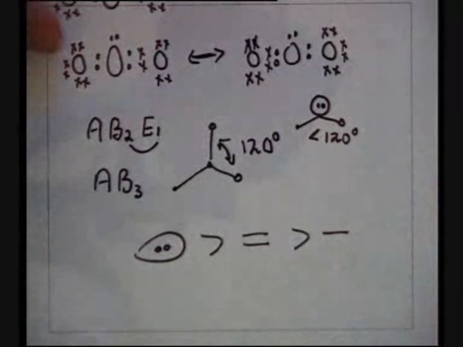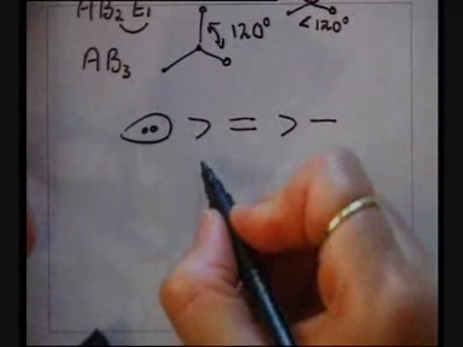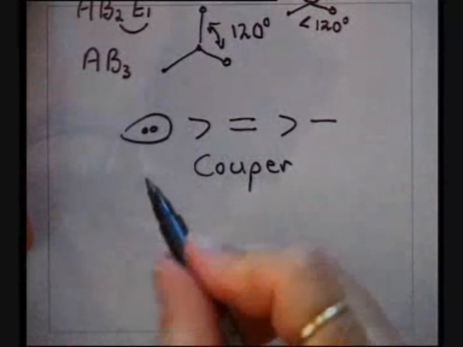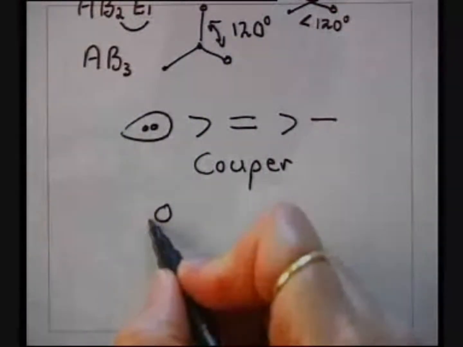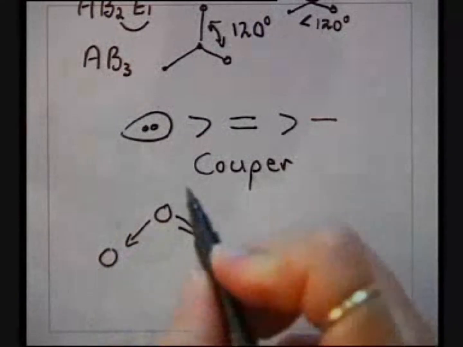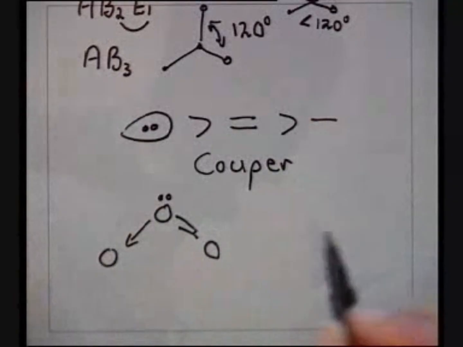When we draw the Lewis structures, we draw the correct molecular geometry. So we have got a central atom, oxygen, dative covalent, double bond. Very important to introduce your lone pair on the central atom.